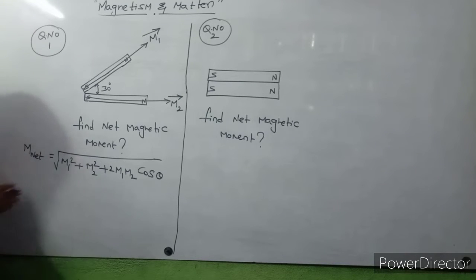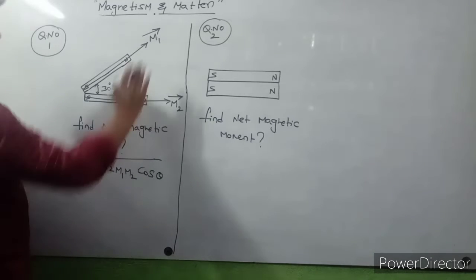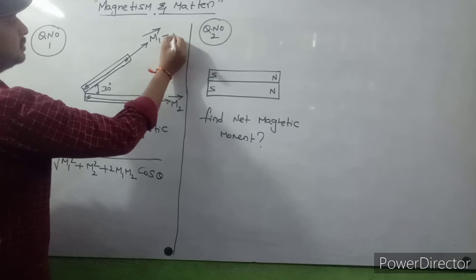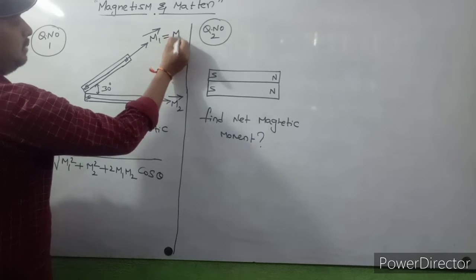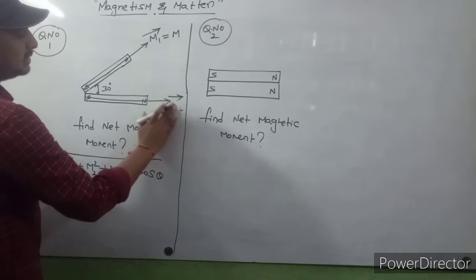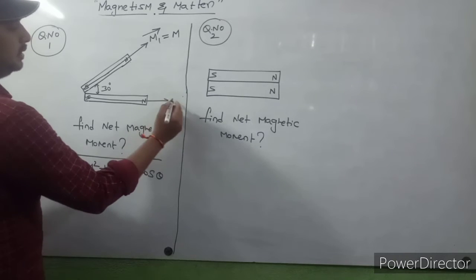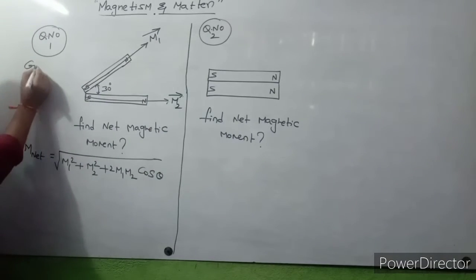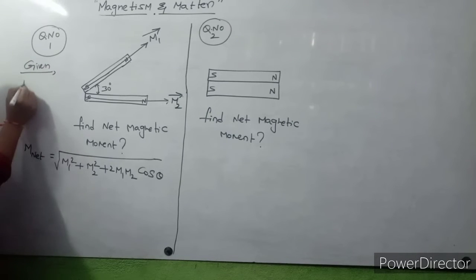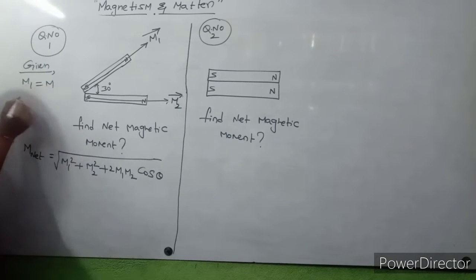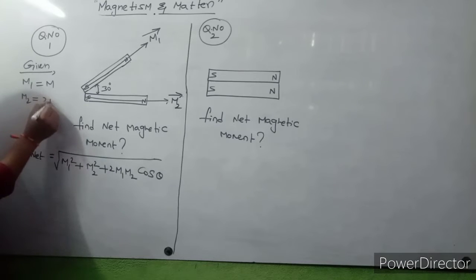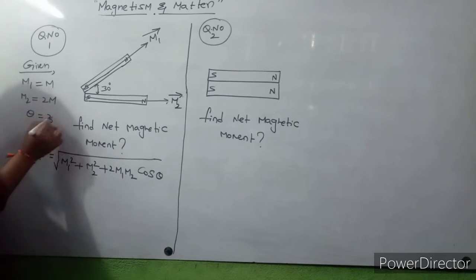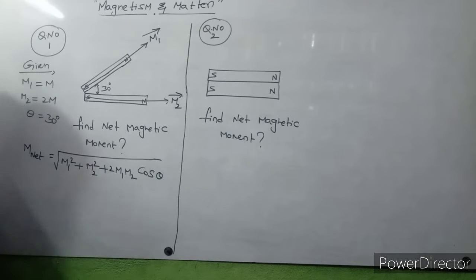So for example, here magnetic moment of M1 is equal to m, M2 is equal to 2m, theta is equal to 30 degrees. Then how to find net magnetic moment?